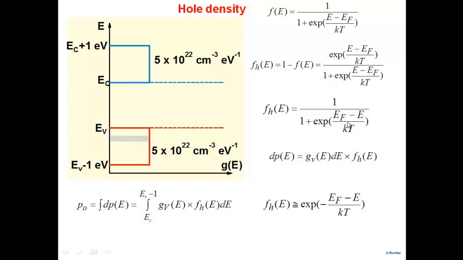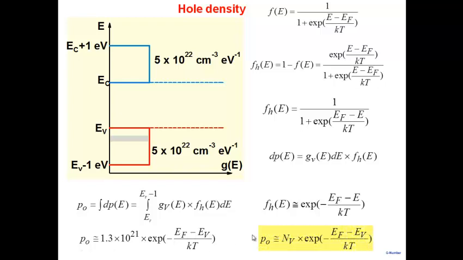So this function is very large, and therefore it can be approximated by an exponential. One multiplies by the exponential here, does the algebra, and it turns out to be P0 equal to 1.3 into 10 power 21, given the numbers here, exponent minus EF minus EV by KT.